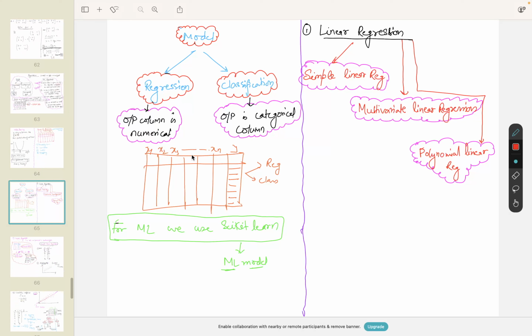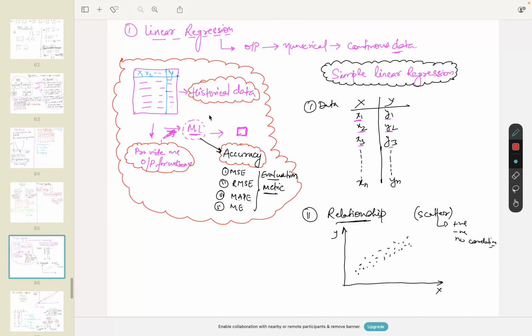Okay. So we tried to understand what is simple linear regression. Then we tried to understand the multivariate and polynomial one by one. In linear regression, we understood that there will be historical data on which we will train the machine learning algorithm, and then we will do some type of testing.